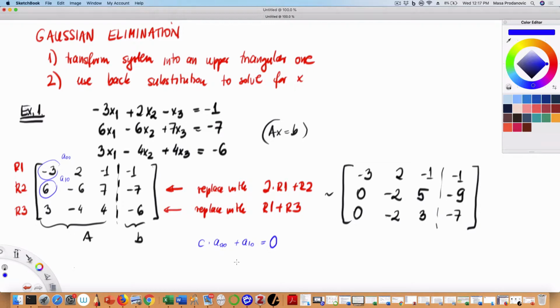So my coefficient is minus A10 divided by A00. And my A00 better not be 0. Yeah? So to the computer, you would say, well, this is the coefficient that you multiply the first row with and add to the second row.